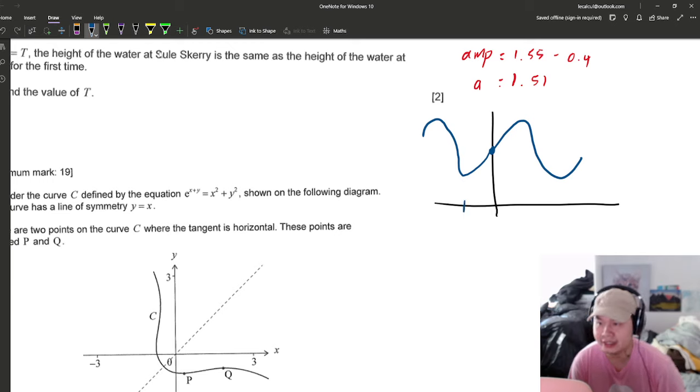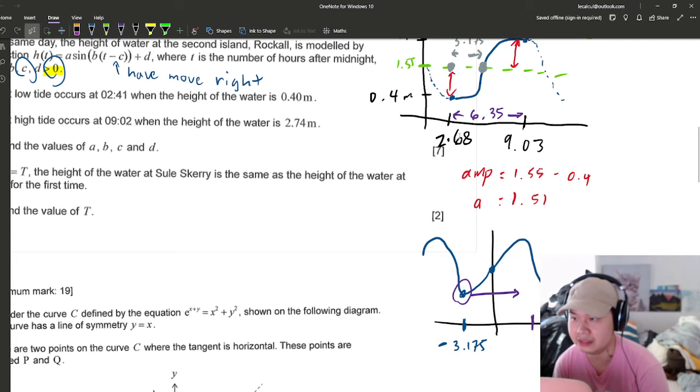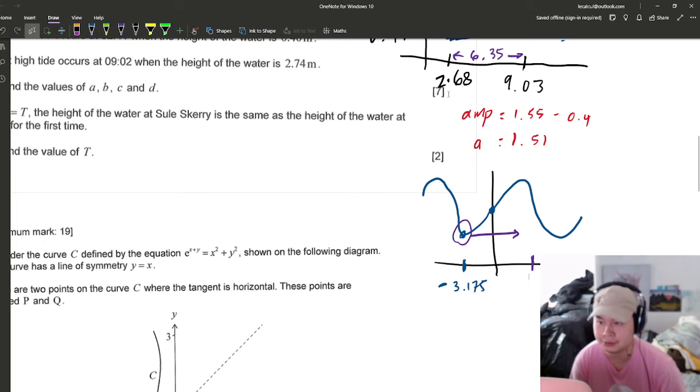That means that I know that this minimum happens at negative 3.175. And what I want to do is a phase shift and move this to, what was it, like 2 point something? 2.68. I want to move this minimum, this low tide, so that it happens here, the way that the question wants it to.